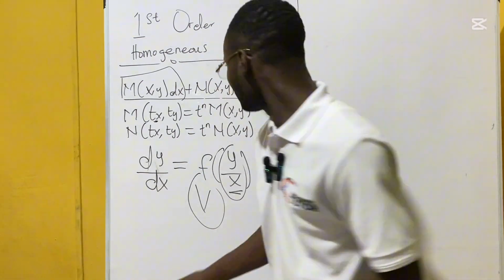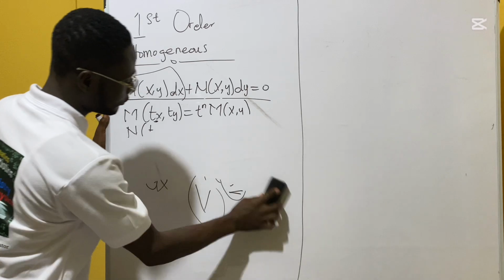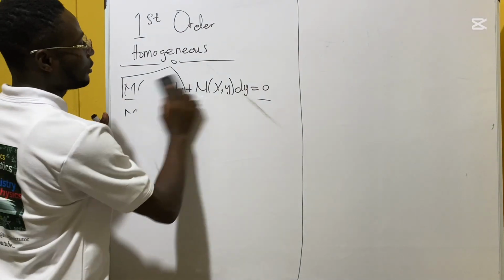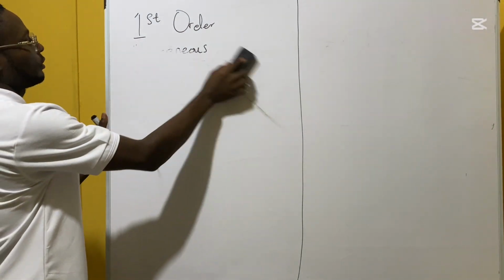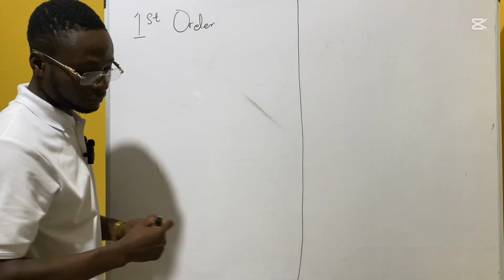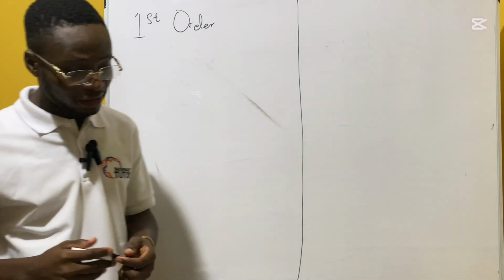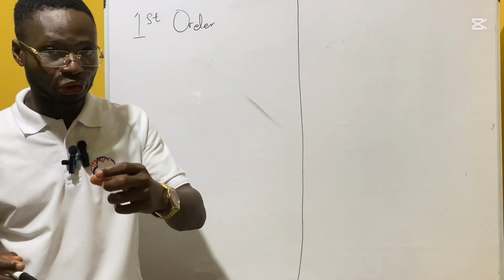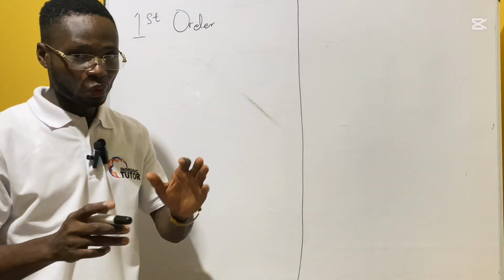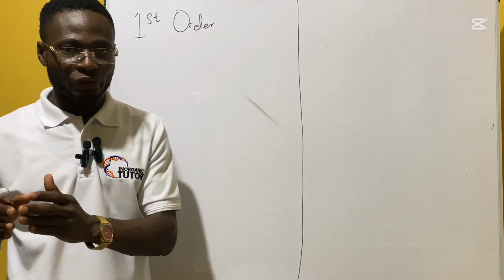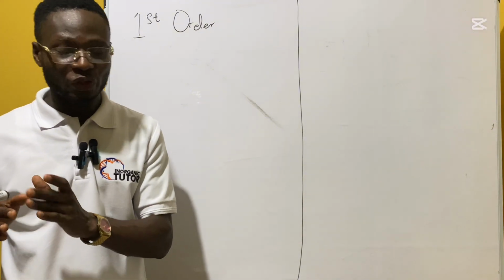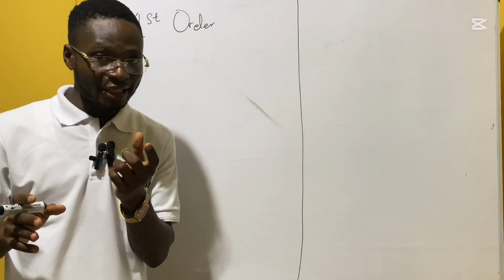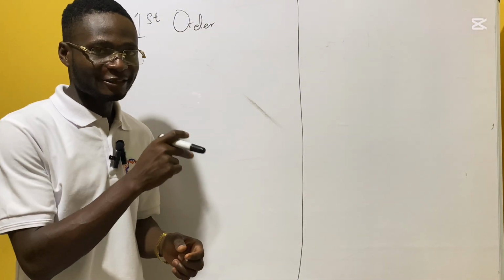Before we can transform this into a separable function, we have to use what we call the substitution method. Don't forget, if your integration techniques are not really sweet, please check out my link.